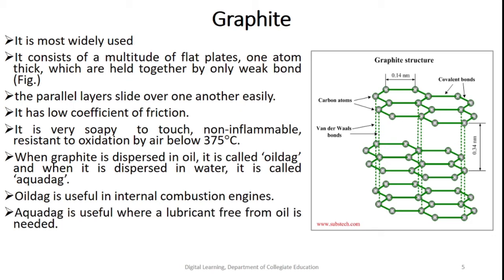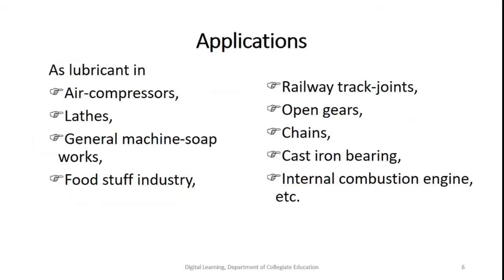On the other hand, aqua dag is useful where a lubricant free from oil is needed. For example, the foodstuff industry. Graphite is mixed with grease to form graphite grease.